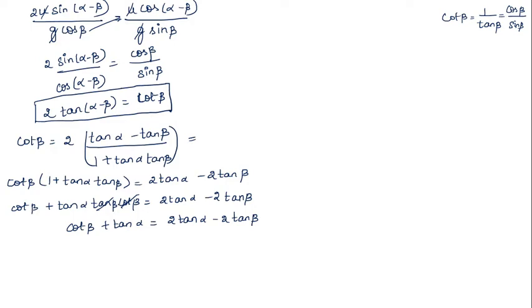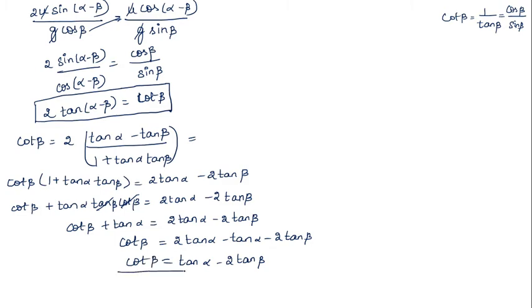When this positive tan alpha goes to the other side, it will be negative. So cot beta is equal to 2 tan alpha minus tan alpha minus 2 tan beta. This will be tan alpha minus 2 tan beta equal to cot beta. So we proved the second equation also. So cot beta is equal to tan alpha minus 2 tan beta.